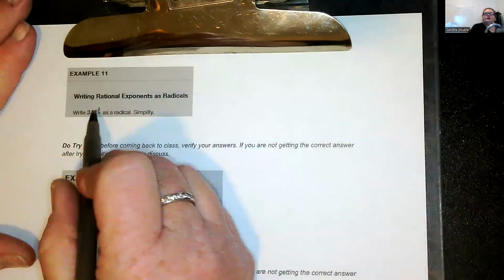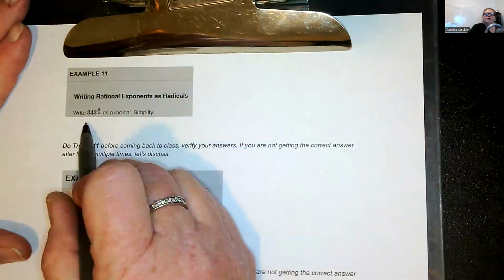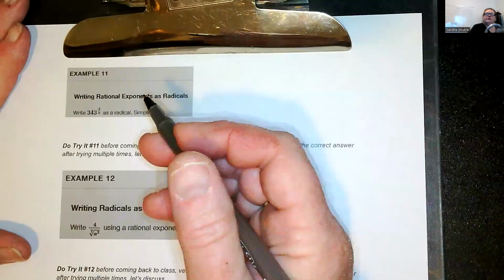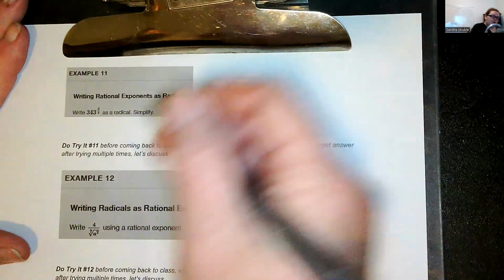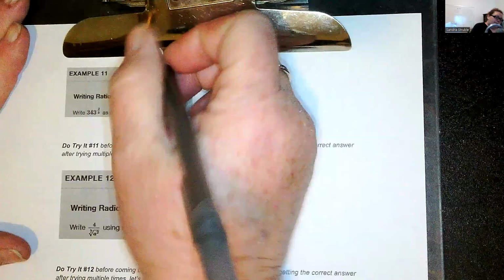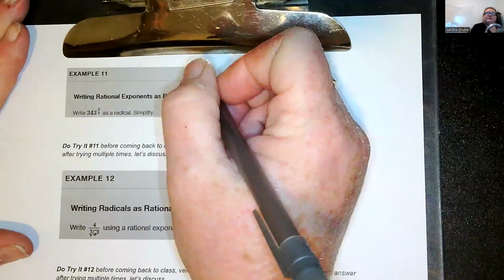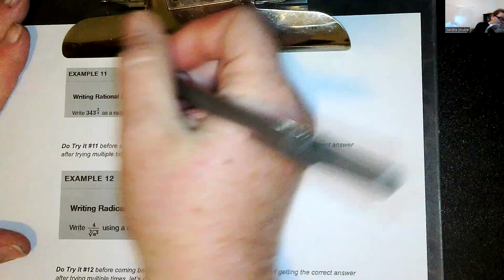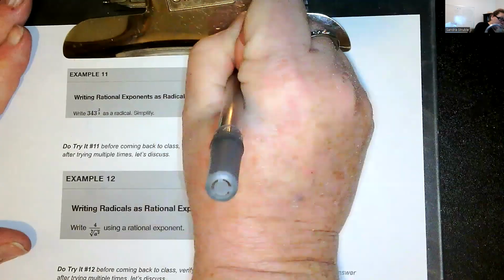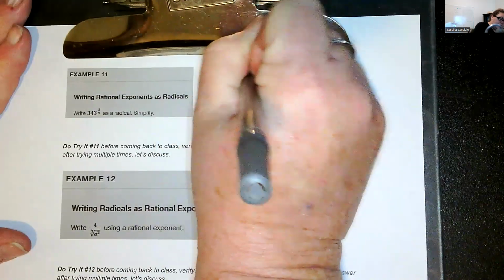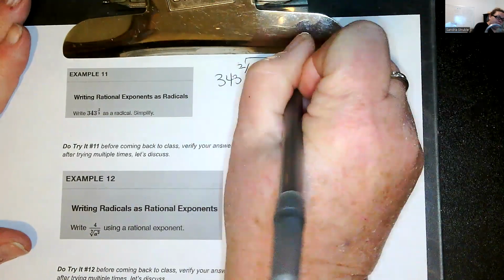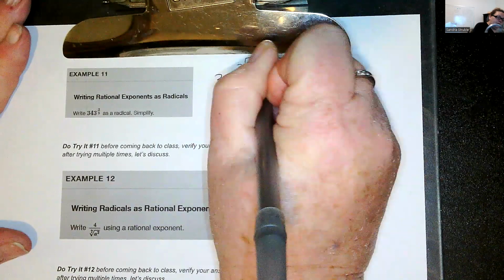So write rational exponents as radicals. They just want us to take what they've given us here and to write it as a radical and then simplify. So what we need to understand here is power over root. If it's in the exponent, it's power divided by root. So we've got 343 raised to the 2/3. The 2 is the power, and the 3 is the root.